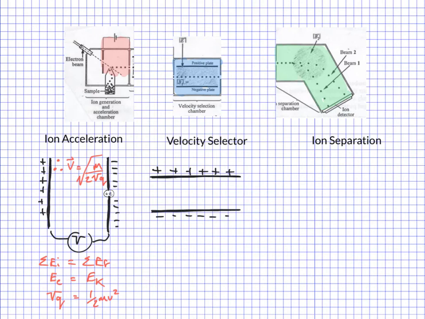All right, so this ion is leaving the accelerator. Now it's going through here with the known velocity, the square root of 2VQ over m. Okay, so off to stage 2.